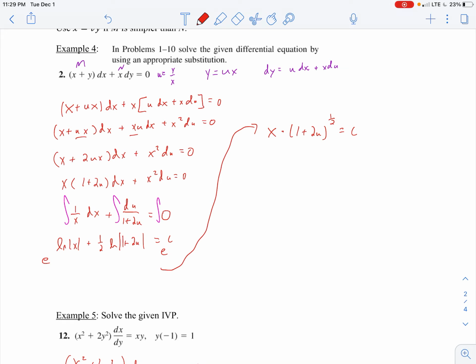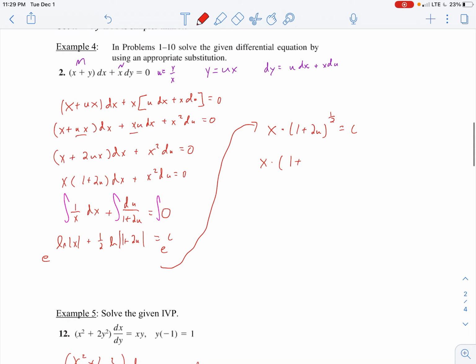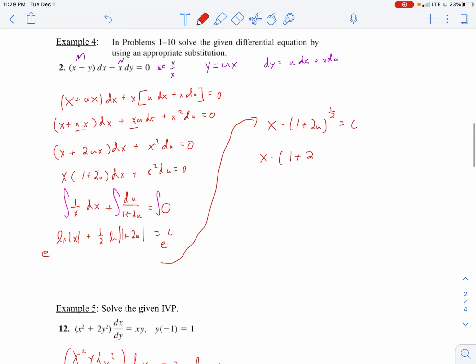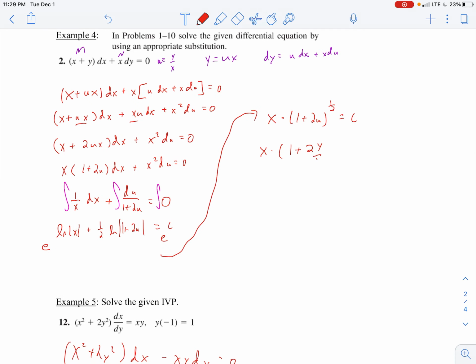Alright, now I can change what my u is. If I change what my u is, then I'm going to get x times 1 plus 2 times, now our u is y over x, so y over x, and then I have 1/2 power equal to c.